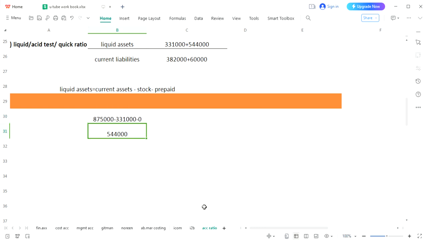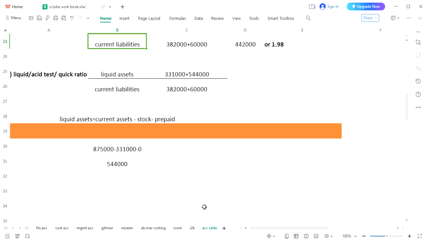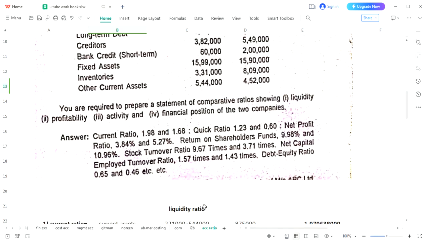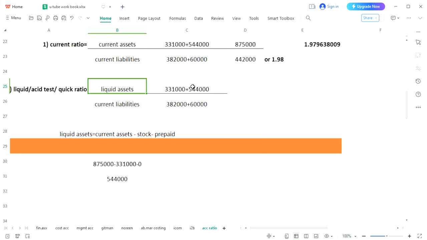So this is the first method, and the second method is just to write all current assets, but don't write stock and prepaid. Inventories are stock, 331. So just remove this stock from here. This is the second method, and obviously you can see the same answer, 544, 544.